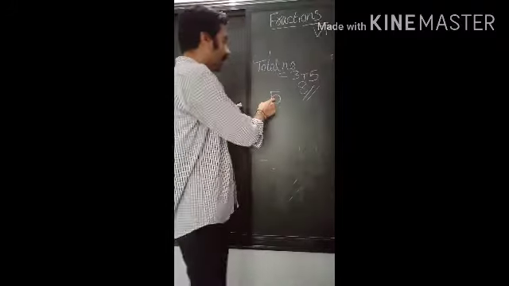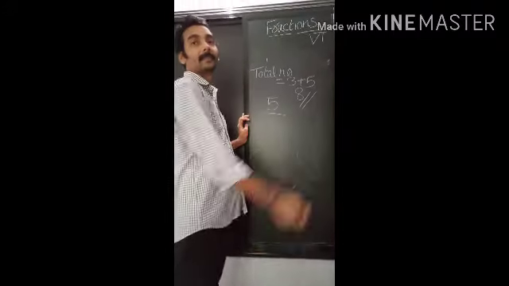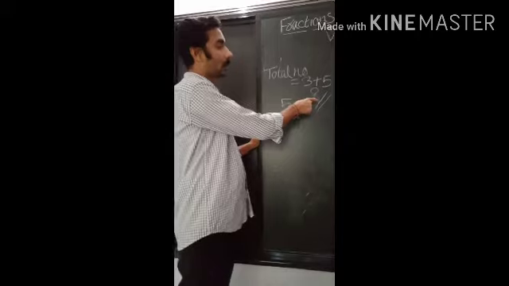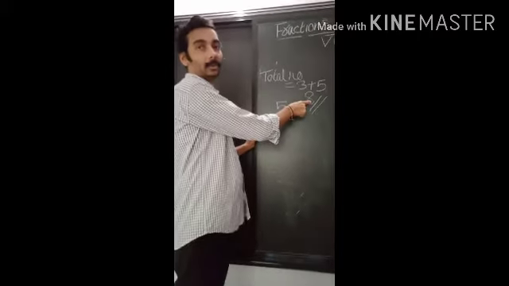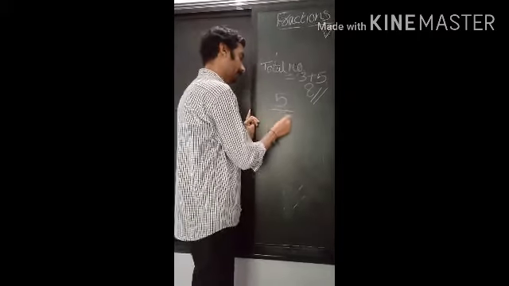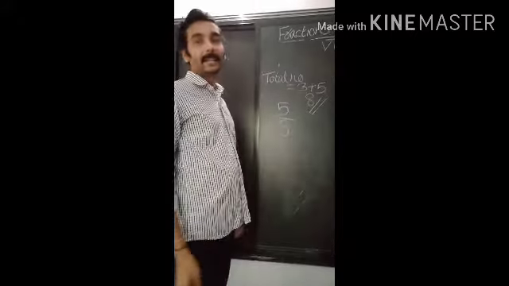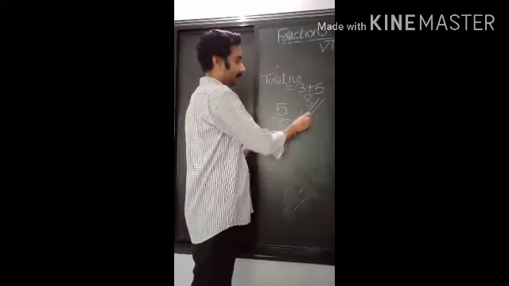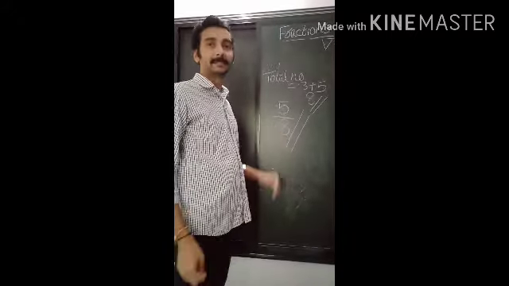This is 5 by total. Total means 8. So 5 by 8.